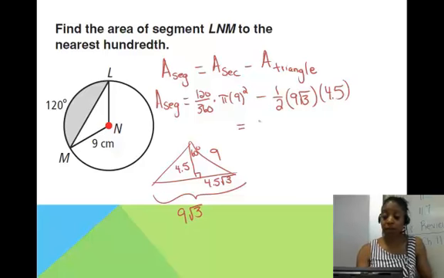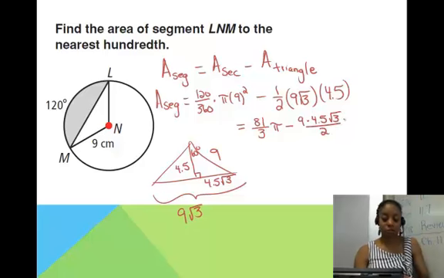This is essentially 81 thirds times pi minus, let's see, what would that be? 9 times 4.5 root 3 all over 2.